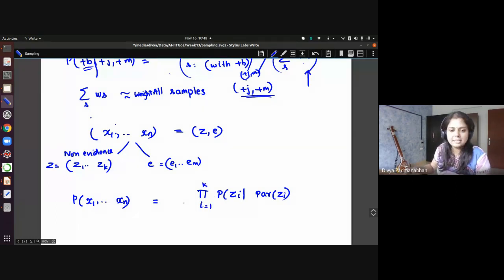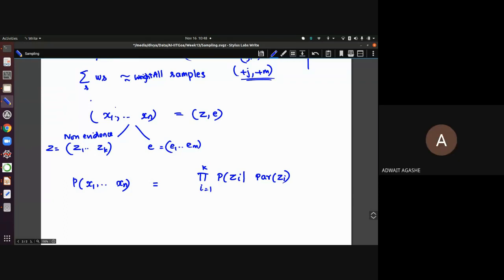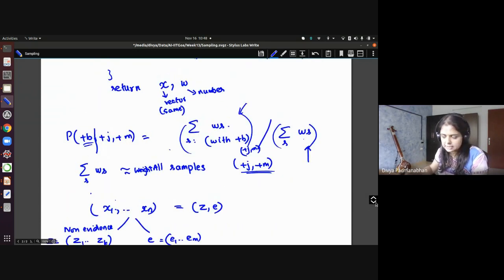This is for all the Z's alone. Is this part okay, Advait? Yes, ma'am. Because we are just doing the same thing for the non-evidence part.